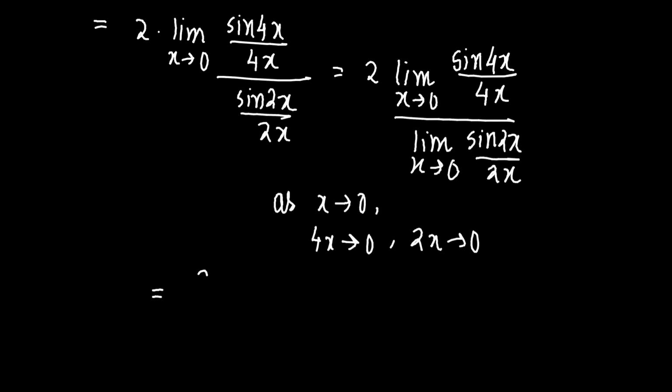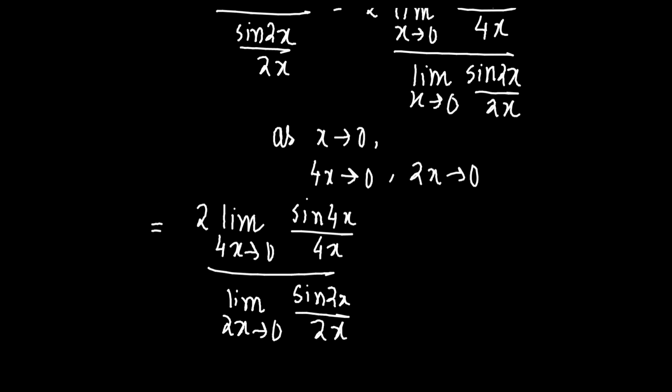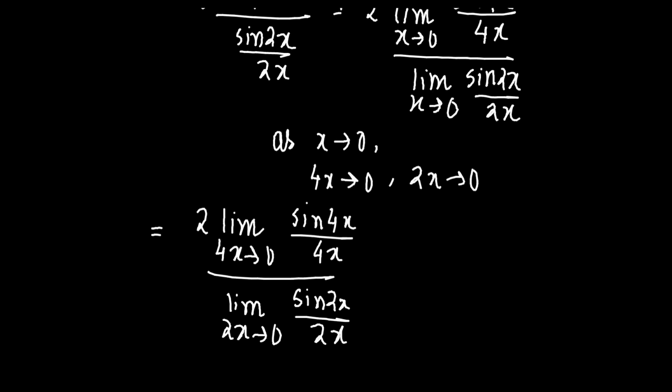So in the next step, we can write it as 2 into limit 4x tends to 0 sin 4x by 4x by limit 2x tends to 0 sin 2x by 2x. Why are we writing this? See, in the formula, limit x tends to 0 sin x by x will be 1 when this x and this x are the same.